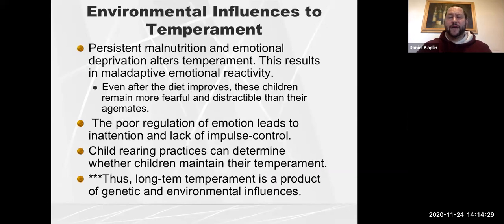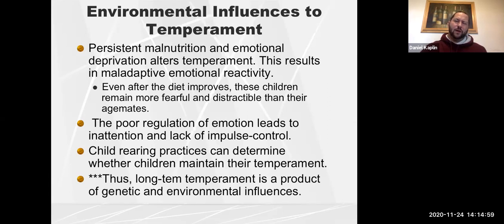But there are environmental factors that play a role in temperament. So malnutrition or deprivation could result in maladaptive emotional reactions. What's interesting is if the child is put in that persistent malnourished state, it's possible that even after the diet improves, these children might be more fearful, distractible, and irritable than their age mates.